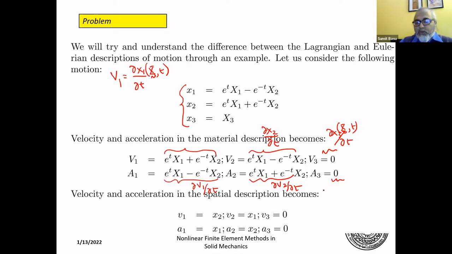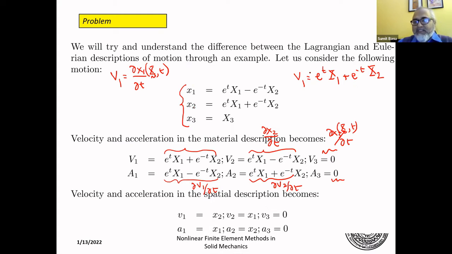Right now, let's look at this. V1 is equal to e to the power t capital X1 plus e to the power minus t capital X2. Now, if I want to convert this into spatial description, I'll have to use the equations for capital X1 and capital X2, in terms of small x1 and small x2.